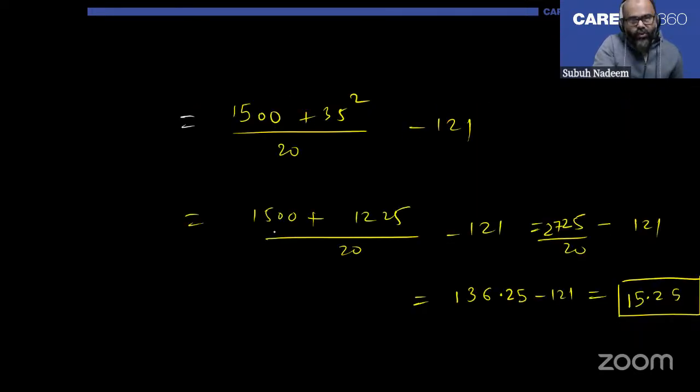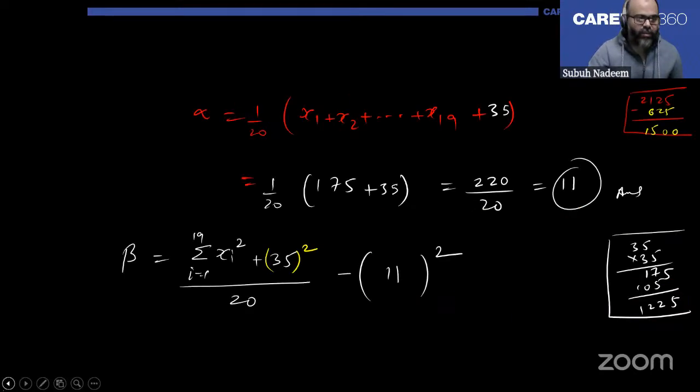So it is 1225 plus 1500, that is 2725 by 20 minus 121. Now we are getting 15.25.